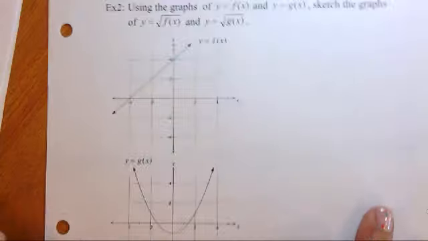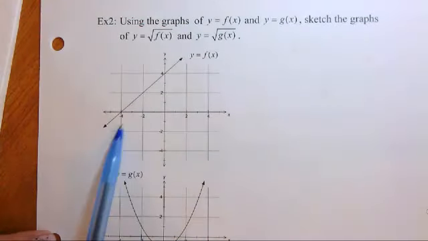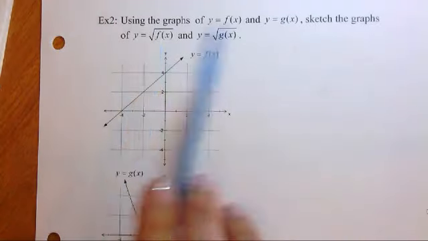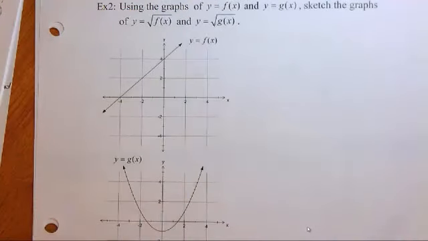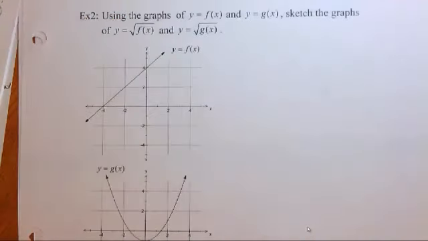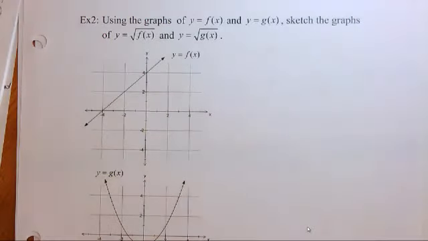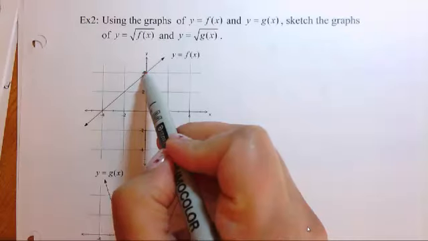Now here you're given these sketches, and you have to give the graph of the square root of each one. What you're going to do is take the invariant points and any nice points, any perfect square points.